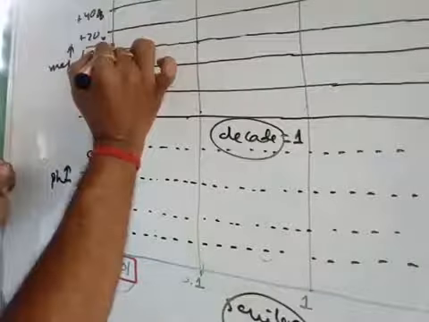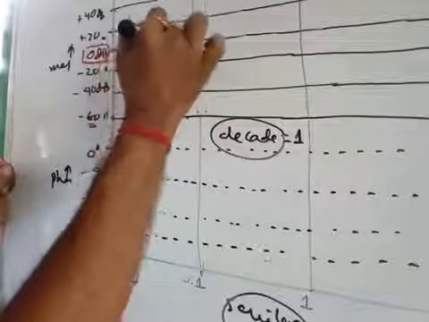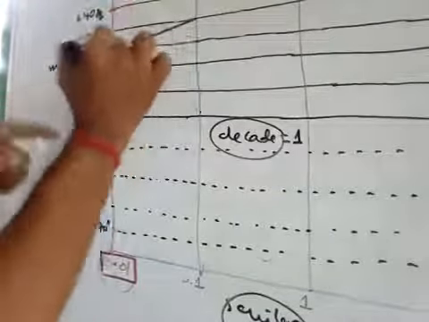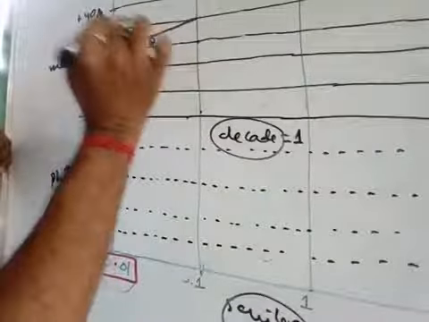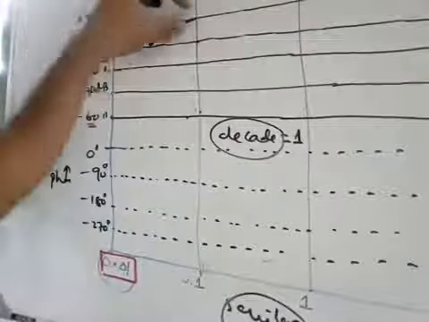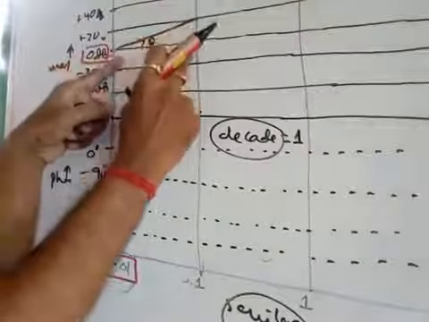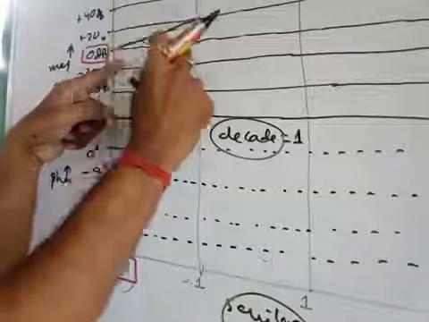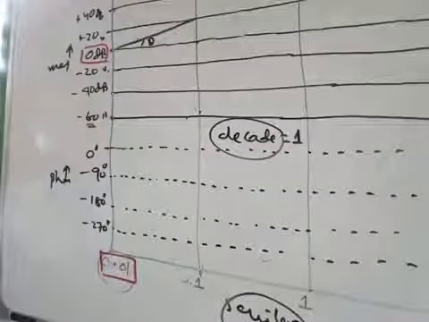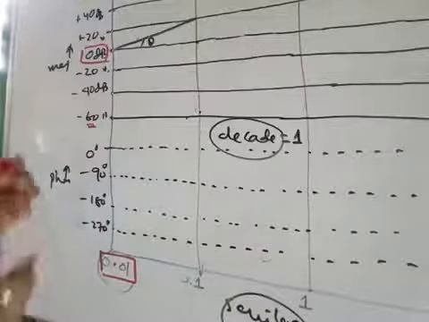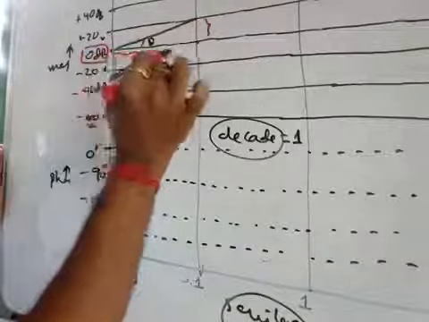Now see, if you draw from this point to this point, this is a straight line. What is the slope? This is the theta. So slope means what? Change of magnitude by change of frequency. Try to understand what I am trying to discuss. I can see this change of magnitude is this, change of frequency is this, right?